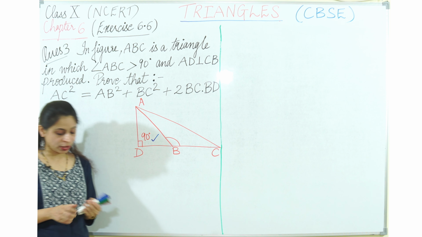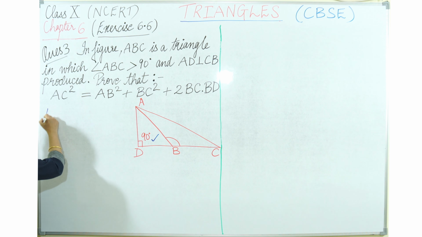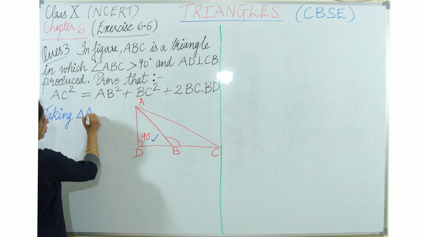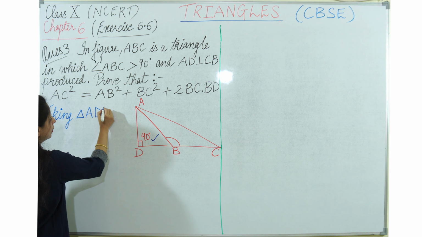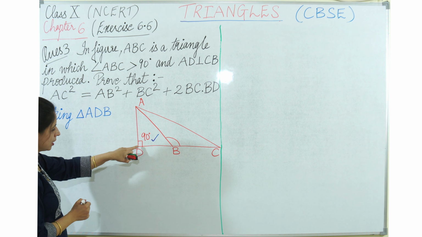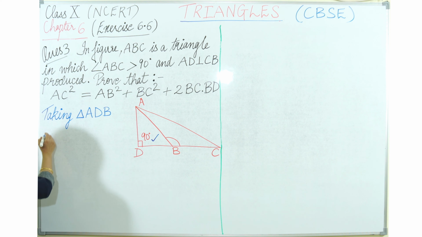Taking triangle ADB first. Here the angle is 90 degrees, so opposite to that is AB.